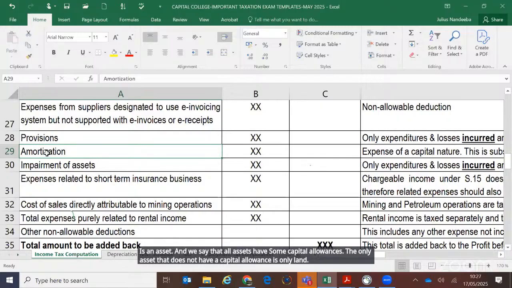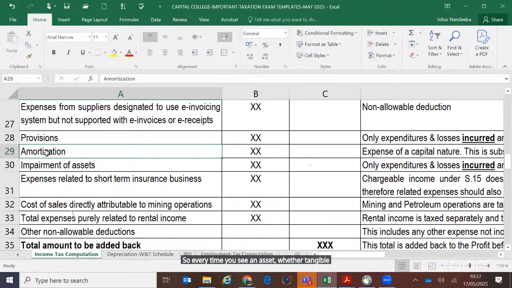So every time you see an asset, whether tangible or intangible, ask yourself, which allowance does this asset have? Now, an intangible asset also has a capital allowance. So if you see any amortization and they have given you an intangible asset and the useful life of that intangible asset, you just know that you have to calculate a capital allowance related to that intangible asset.